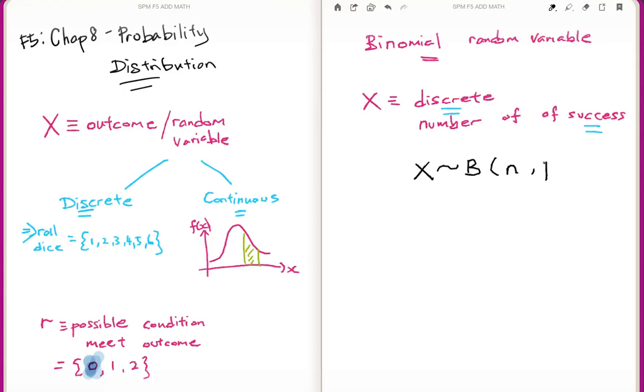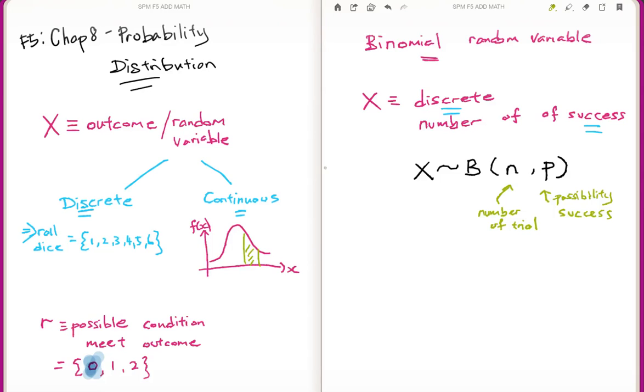P represents the possibility for success. Let me jot it down for you. Failure will be 1 minus success. And n is the number of trials.